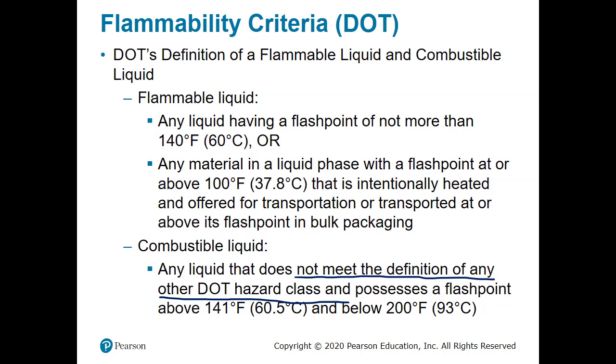But note here, why does the DOT make this particular determination? Because if there are other hazards at play, they're going to be much more dangerous and much more noticed than the combustibility.